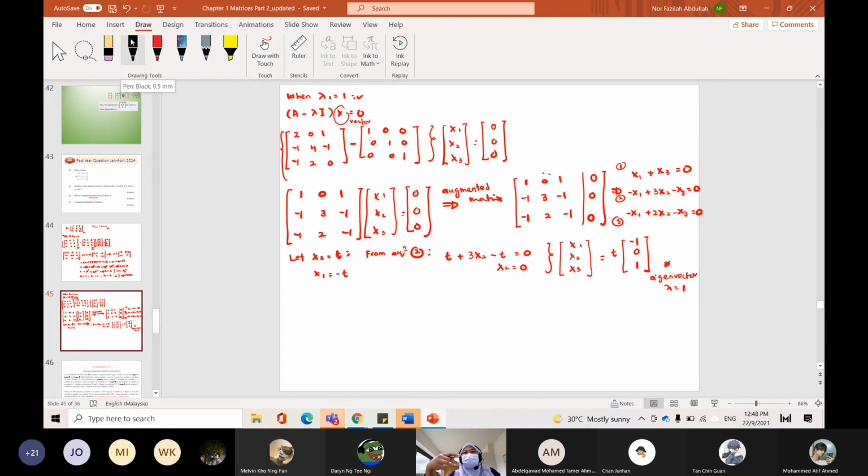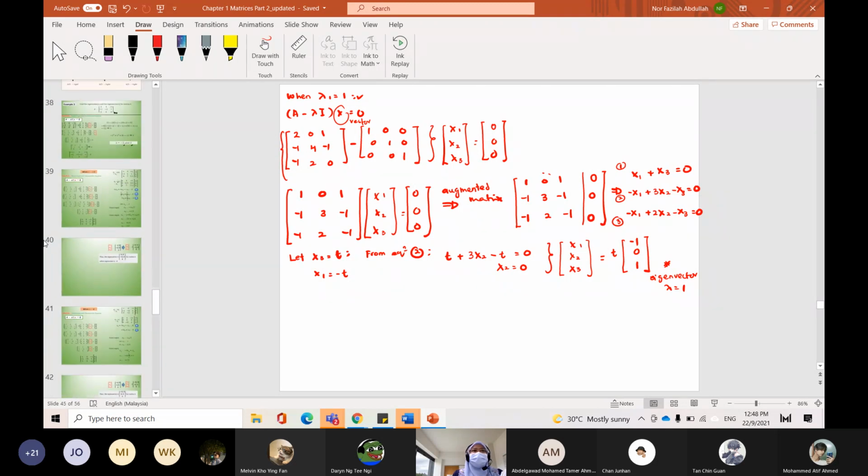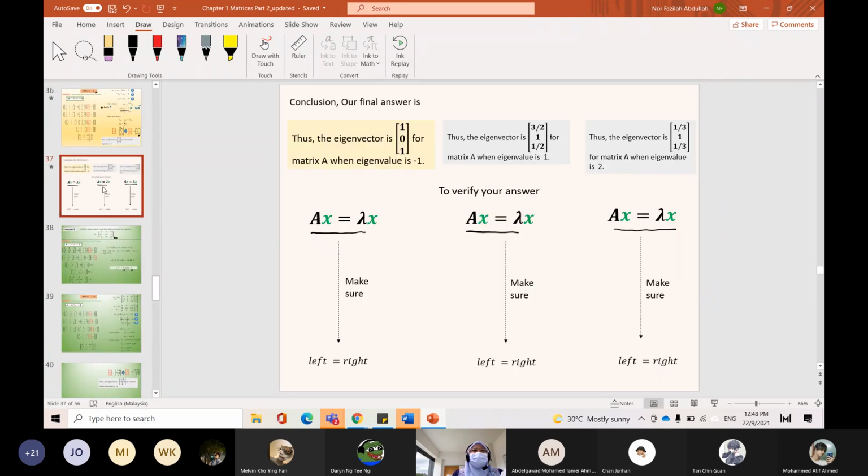It depends. As long as we factorize it, you should get the same answer. Or you can do the verification. If you multiply and get the same answer, that means it is correct. This is how we verify your answer.